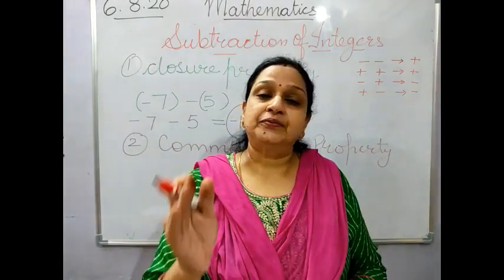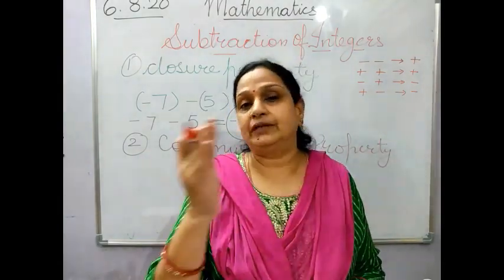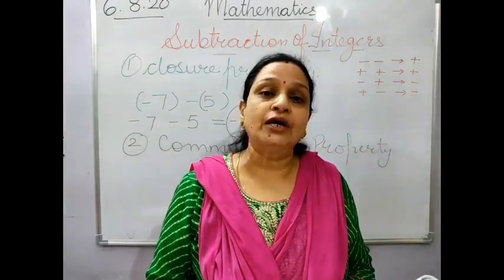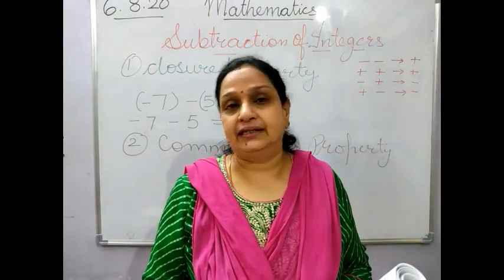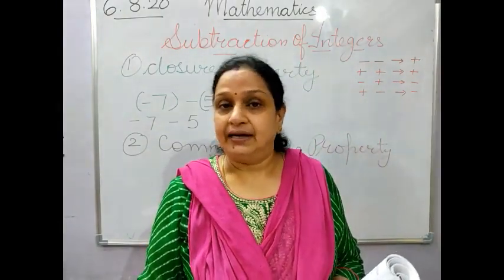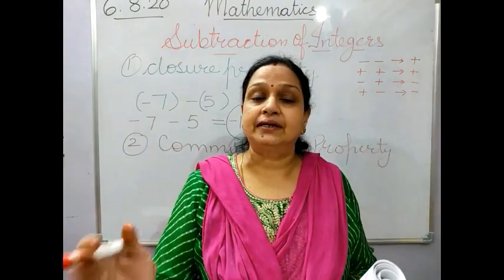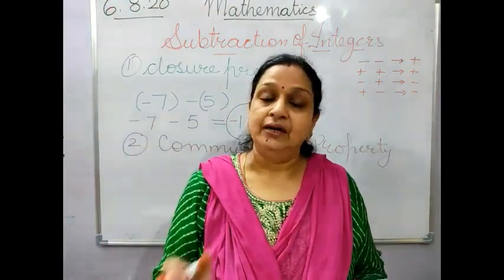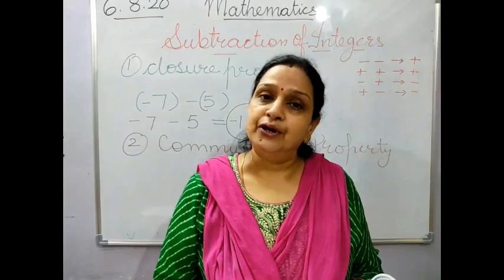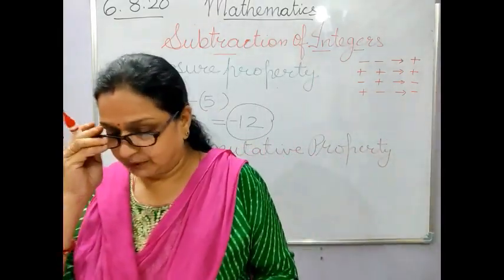That is, the subtrahend becomes minuend and minuend becomes subtrahend. If this order is changed, you will not get the same answers. In addition, you get the same answer even if the order is changed, but in subtraction it is not the same. So I'll take one example from the book itself.